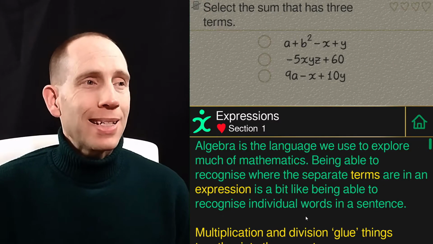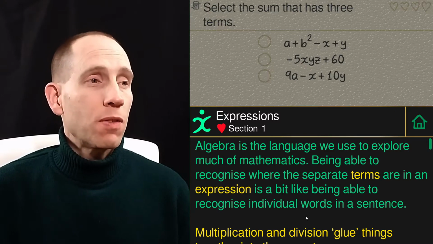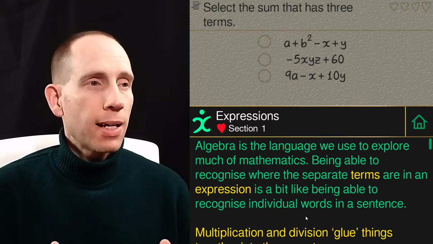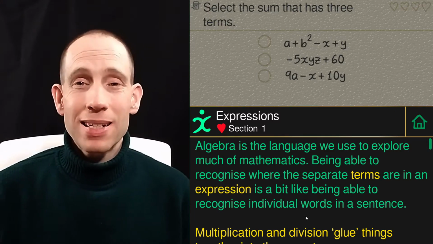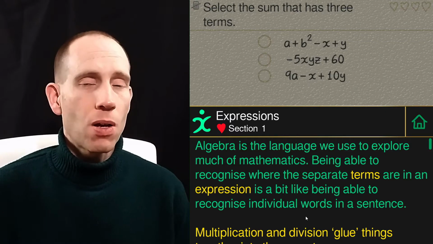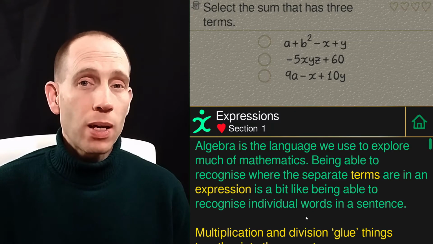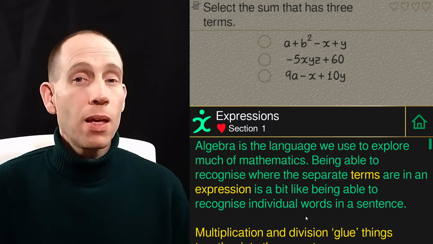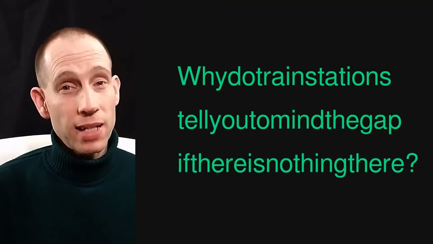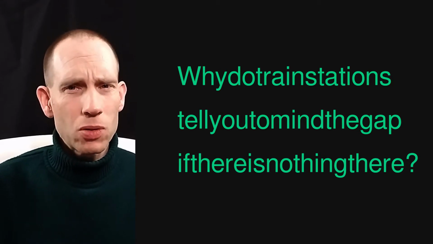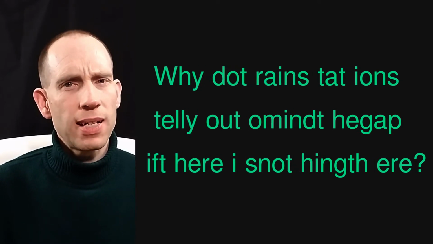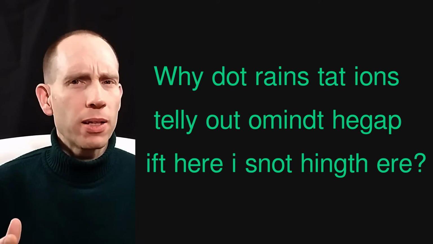So algebra is the language we use to explore much of mathematics, and it really is a lot like a language. Being able to recognise where the separate terms are in an algebraic expression is a bit like being able to recognise where individual words are in a sentence. So if you imagine trying to read a piece of English text with no gaps in it, it's more difficult to see where each word starts and ends, and it could be a little bit confusing.